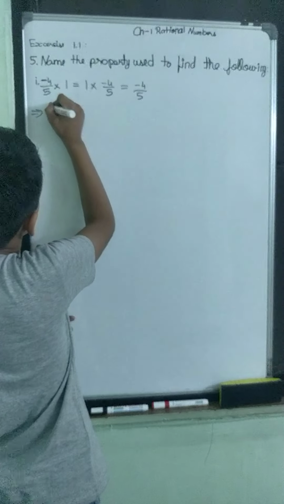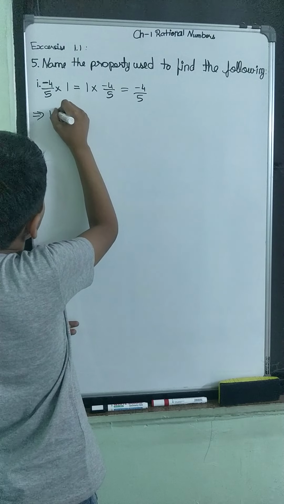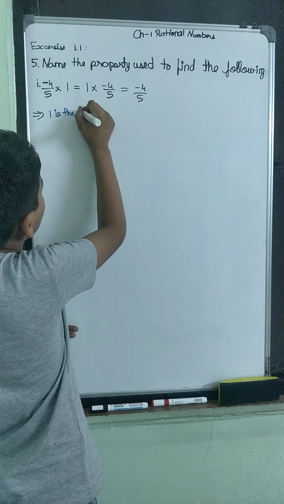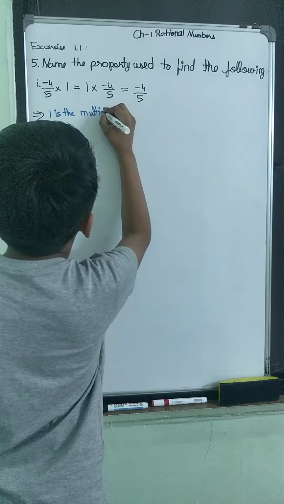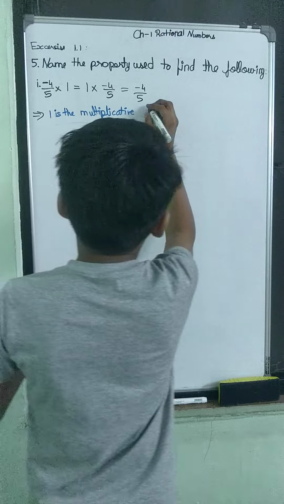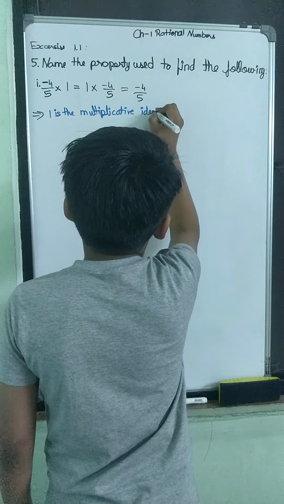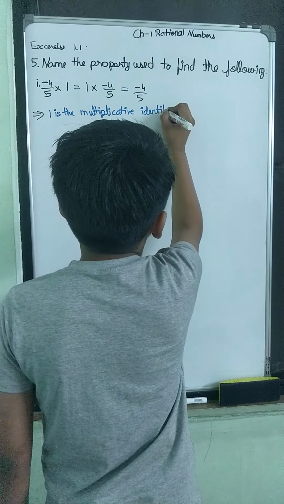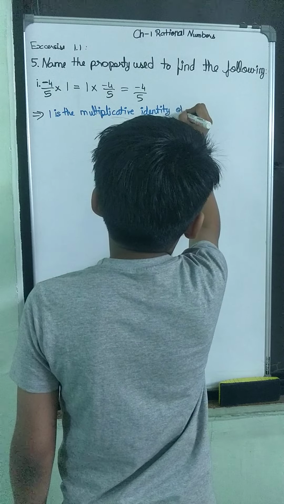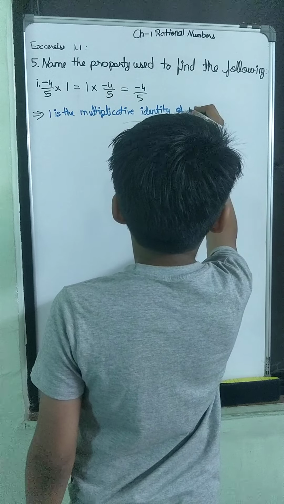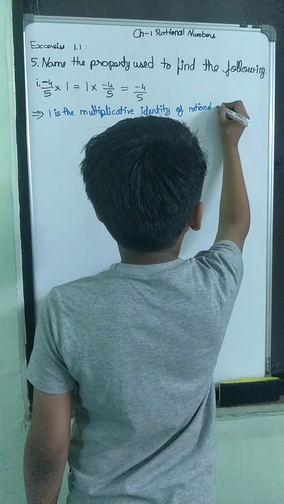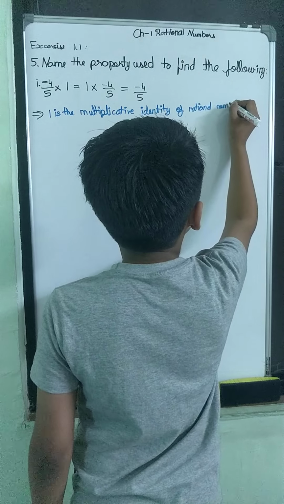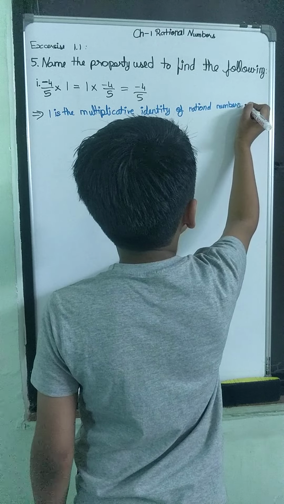So we can say that 1 is the multiplicative identity of rational numbers.